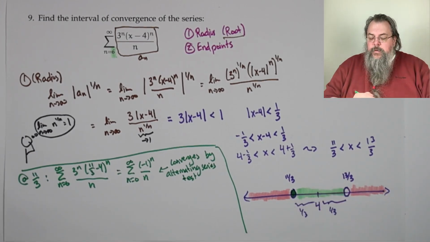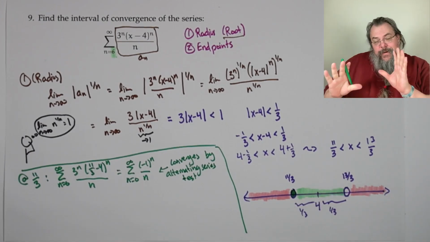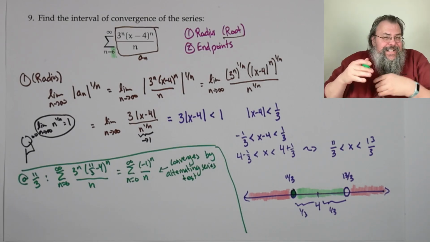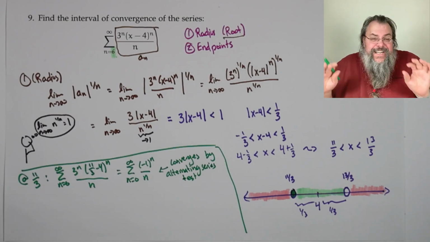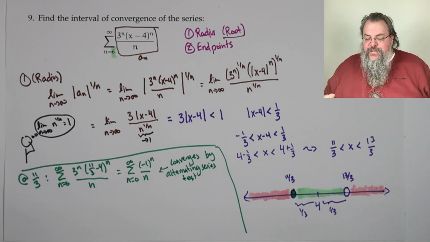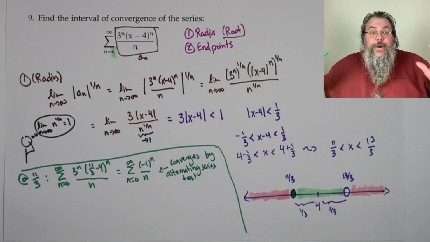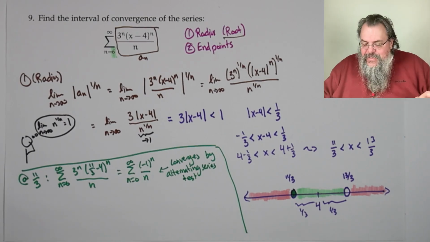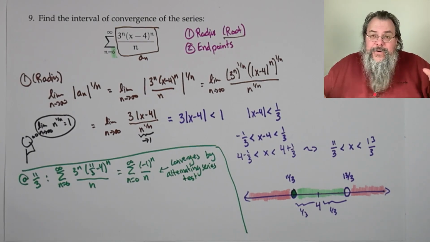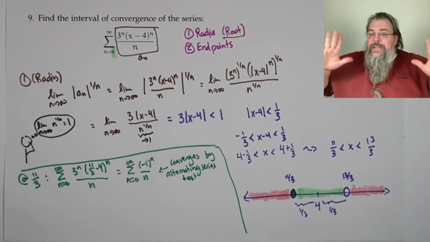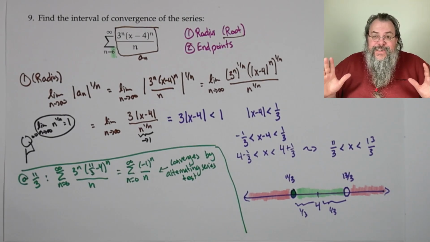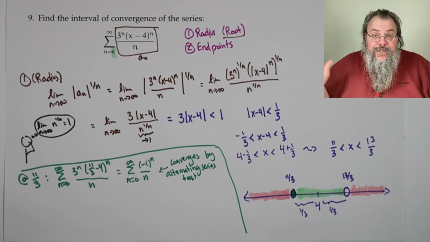Now you might be saying, well, wait, Steve. It converges, but it's not a really good convergence. It's that conditional type convergence. I know. The question doesn't ask us, after interval of convergence, you don't have to worry about conditional versus absolute. You just say converge or not.